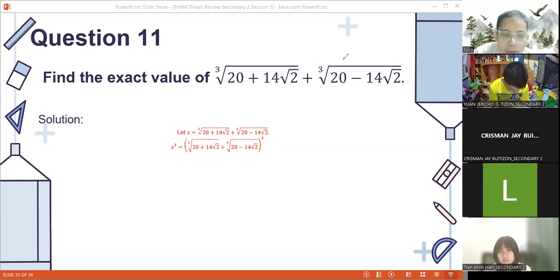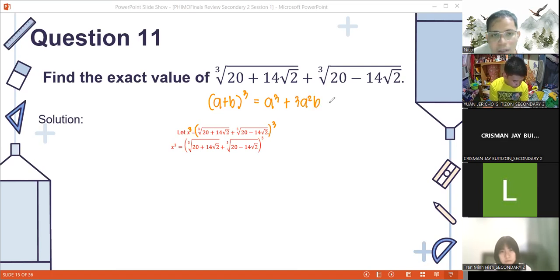Then after, this becomes what? Do you remember (a plus b) cubed? That one is a cubed plus 3a squared b plus 3ab squared plus b cubed, right? So this one will become your a and b values, correct?